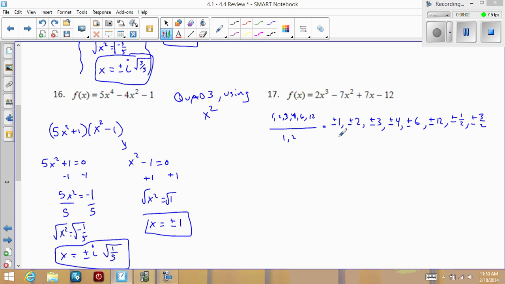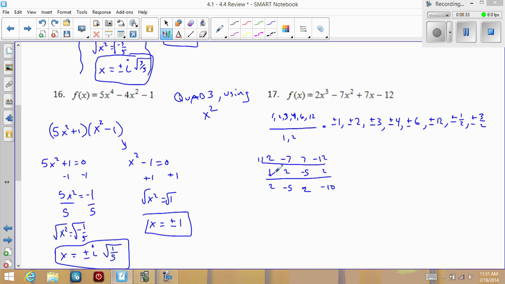Now we start synthetic division. And if I try 1, let's see what happens. I get 2, negative 7, 7, negative 12. I bring down the 2, multiply by 1, I get 2, add, I get negative 5, times 1, negative 5, add, I get positive 2, multiply, I get 2, and add, I get negative 10.